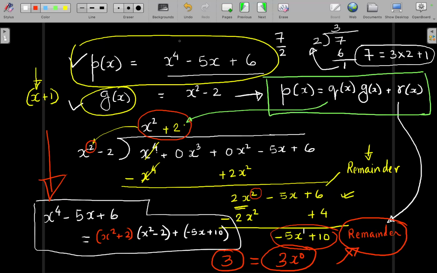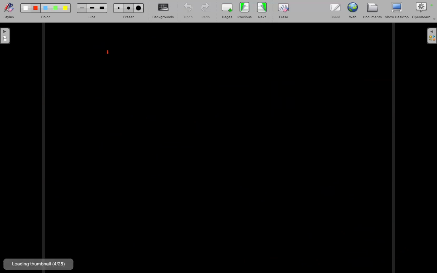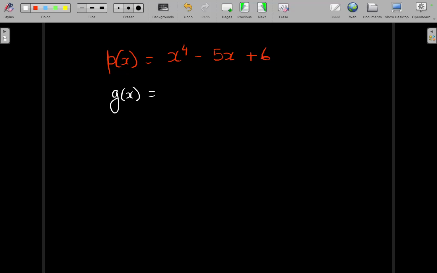Okay, so you know what I'm going to do this time. Let me write this polynomial, x raised to 4 minus 5x plus 6. So p of x is x raised to 4 minus 5x plus 6, and the big difference is this time the divisor is going to be what we call a linear polynomial. And this is very important because the remainder, and I'm going to keep on reminding you of this, is the main thing for us.